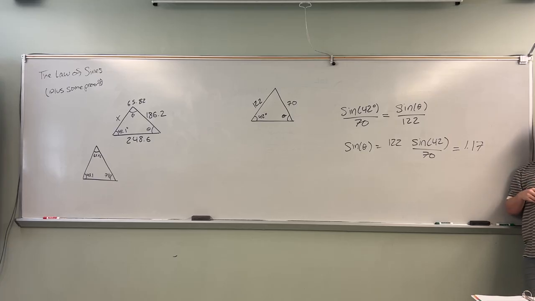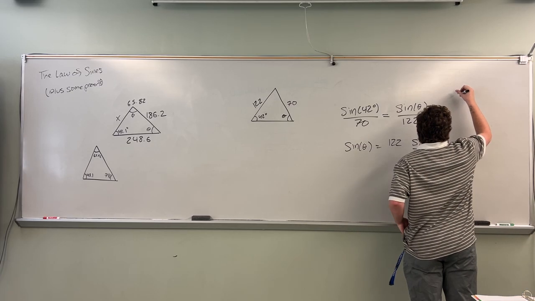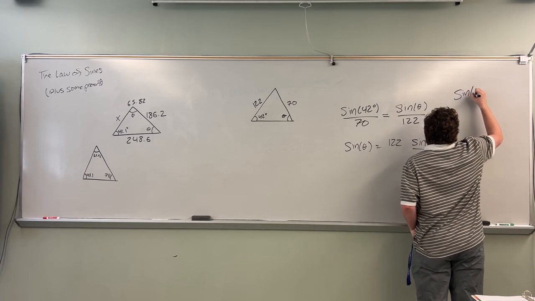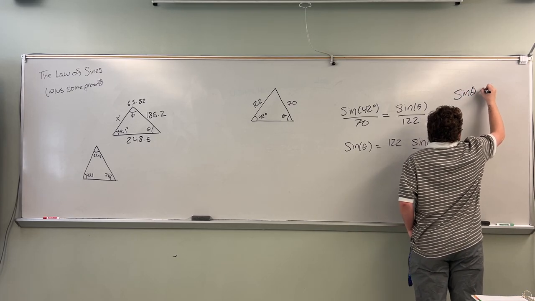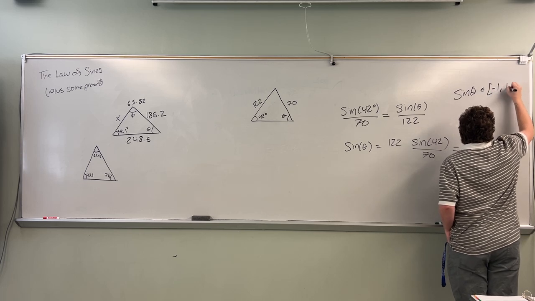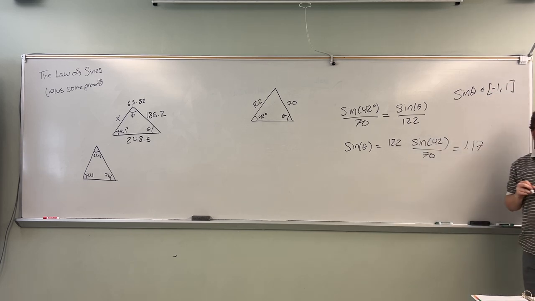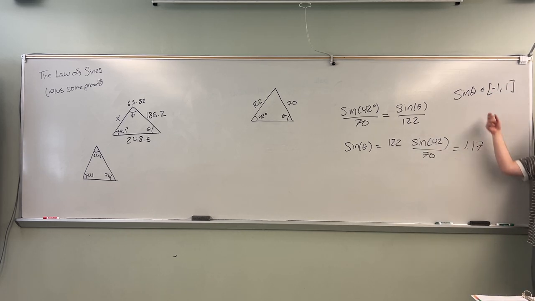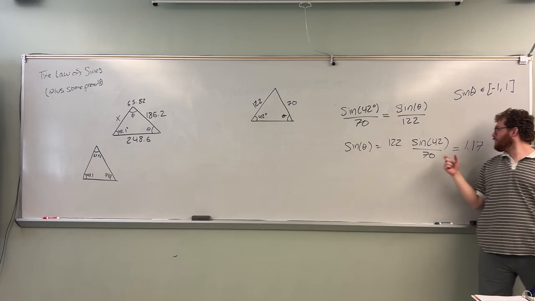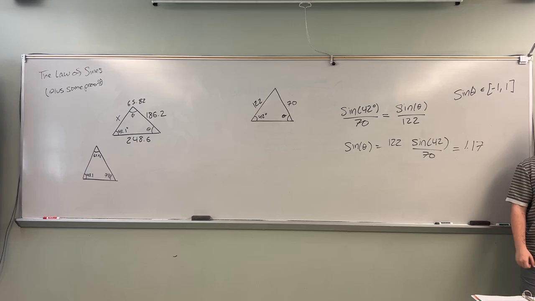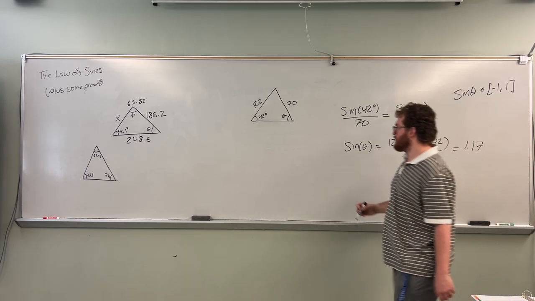It's outside of the valid possible values for sine. Remember, sine of an angle theta is between -1 and 1. There's no angle that I could use which gives me that sine of that angle is greater than 1. So there's no solution to this triangle.